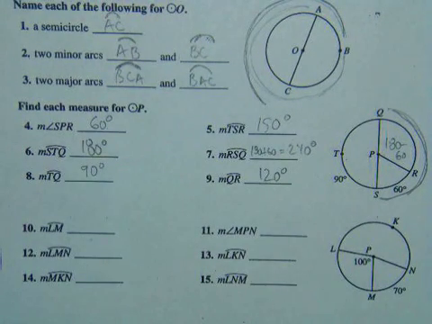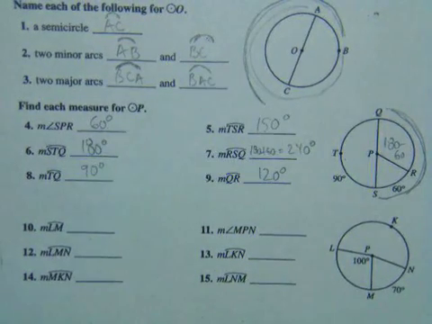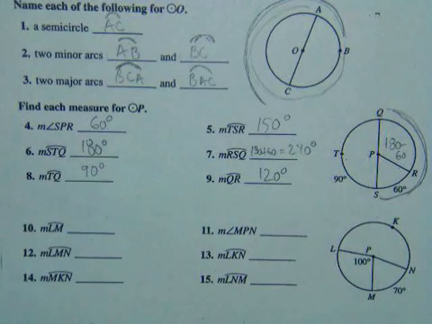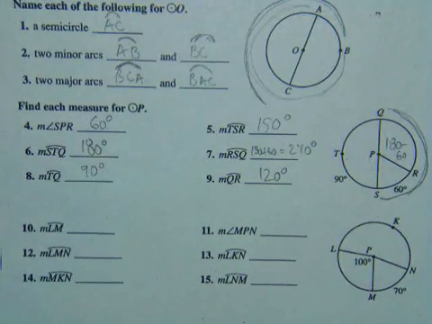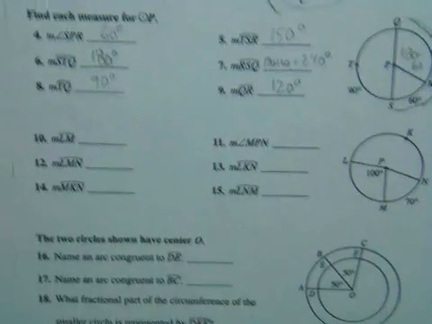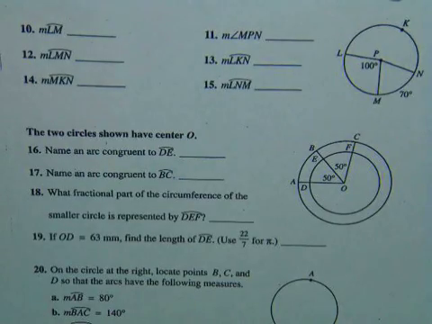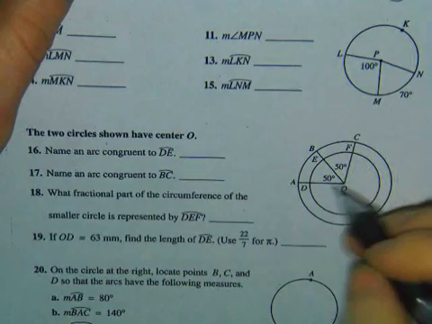Alright, that is pretty much it. I'm going to skip 10 through 15, we'll probably have you guys address that, and then we'll bump down to this down here. An arc congruent to DE.